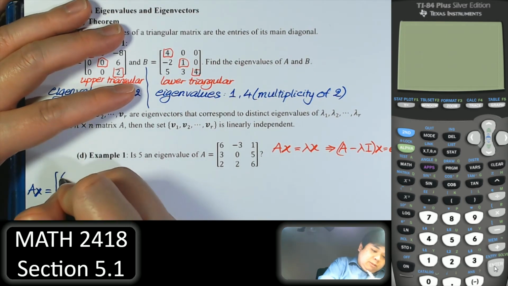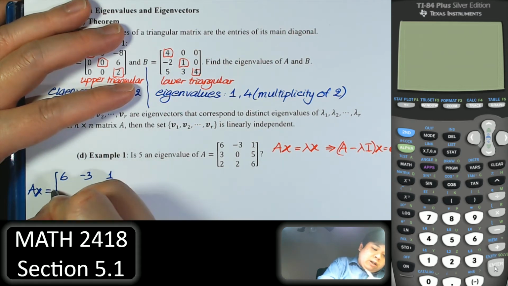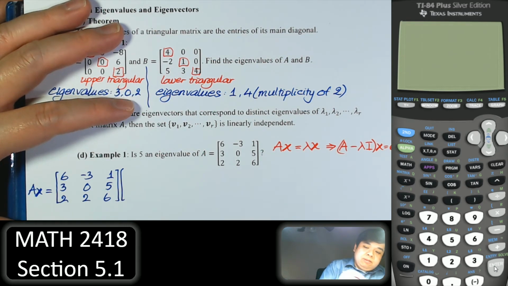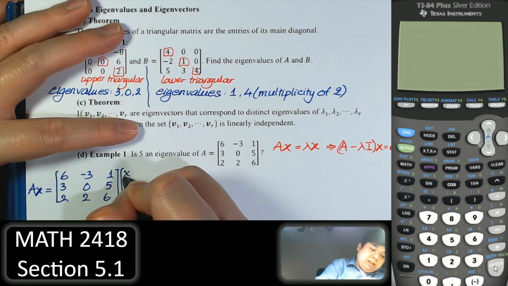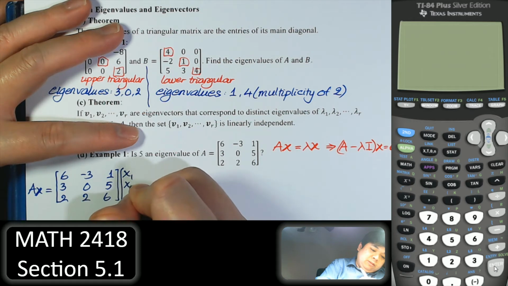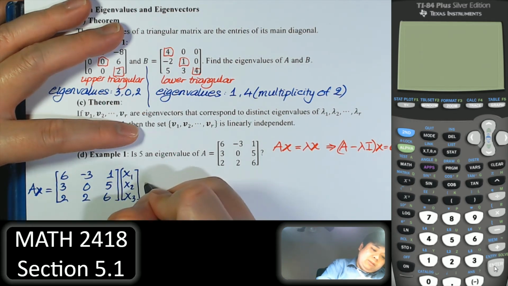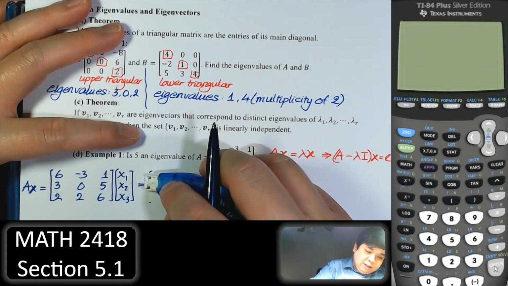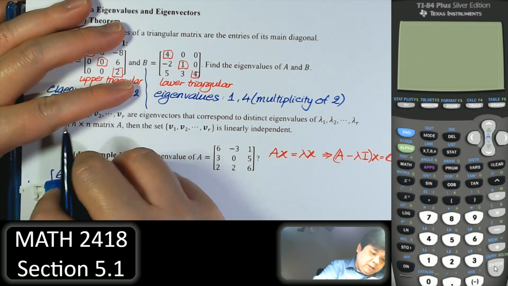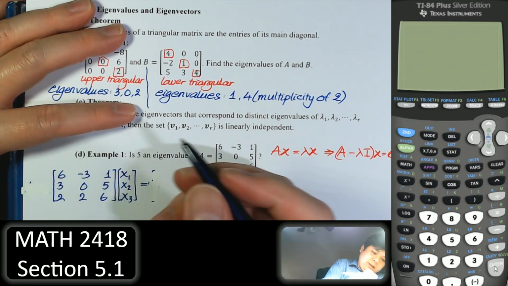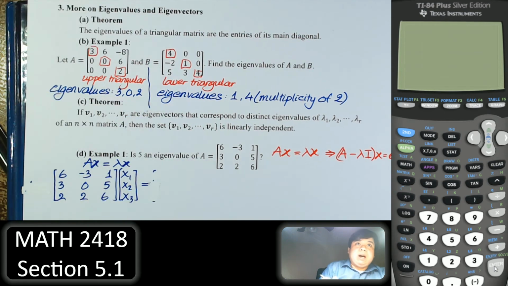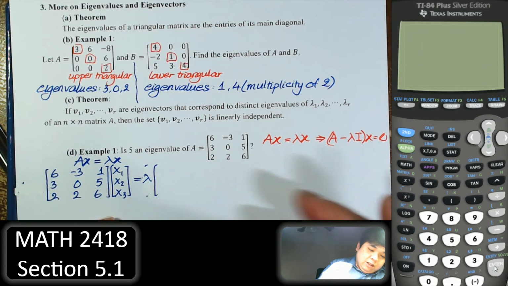That's A times x: 6, negative 3, 1, 3, 0, 5, 2, 2, 6 times the vector x, equal to lambda times x, where lambda is 5.